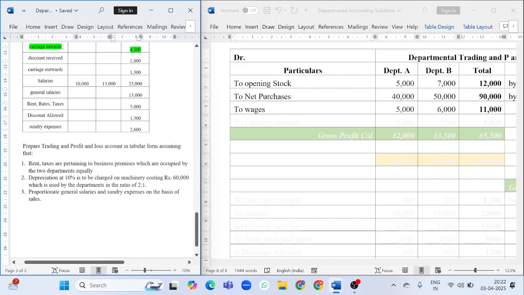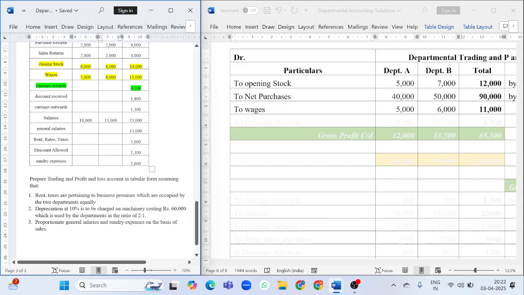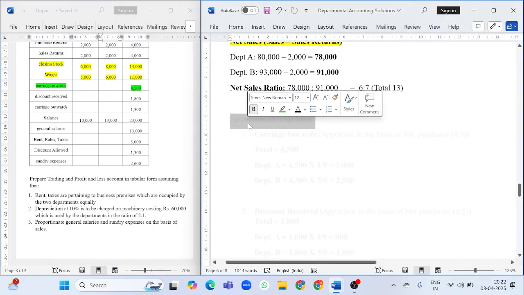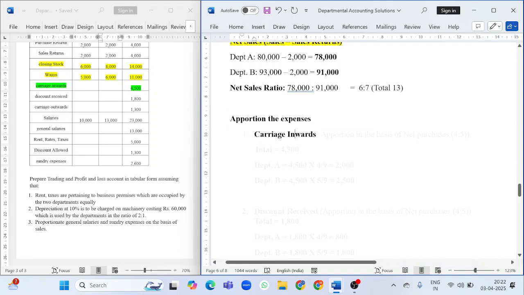First let us check if they have given anything in additional information, but regarding carriage inwards they have not given anything. Since they have not given any info regarding carriage inwards, we have to divide it based on the rules I have told you in the part 1 video.